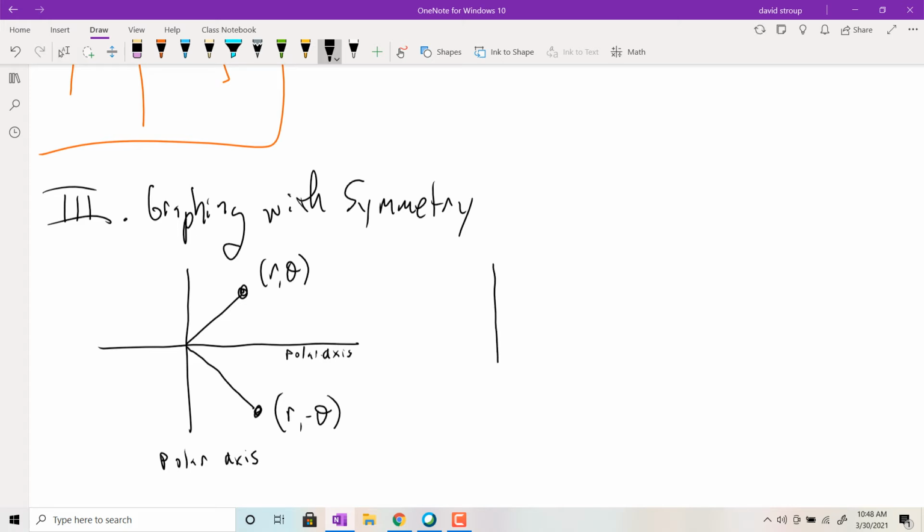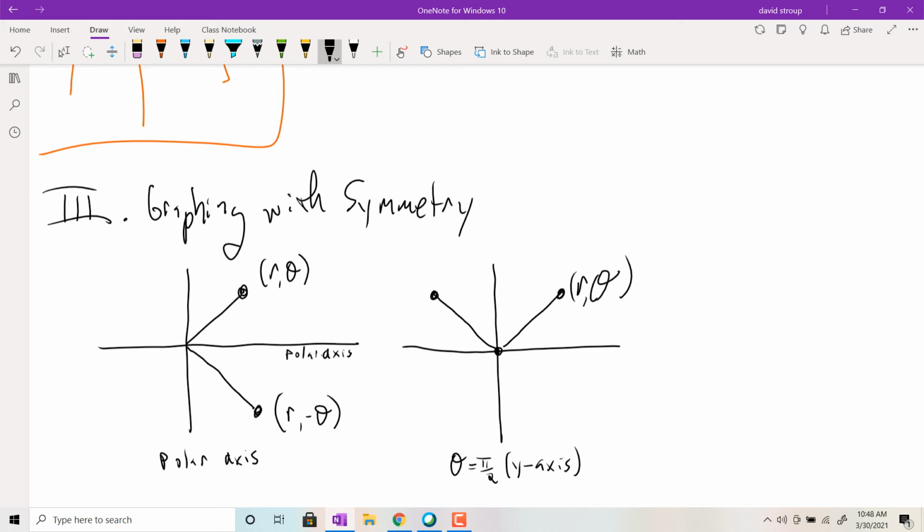Then there's the line theta equals pi over 2, or in other words, y-axis symmetry. So basically, if you have the point r, theta on your graph, you'll also have the point negative r, negative theta.